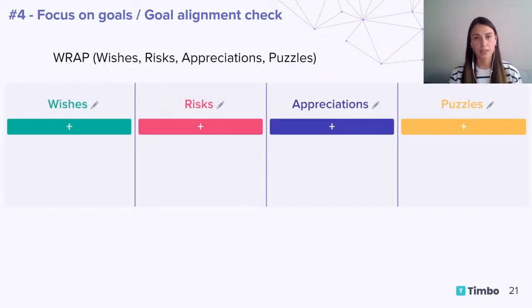Another technique that might also be good here is the WRAP technique: wishes, risks, appreciations, and puzzles. You don't have goals in here, but you can start by reminding the team what the goal is, like we want to deliver this thing, or we need to achieve some product metric or something like that.